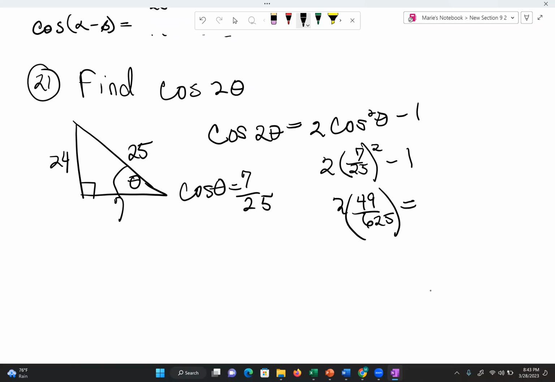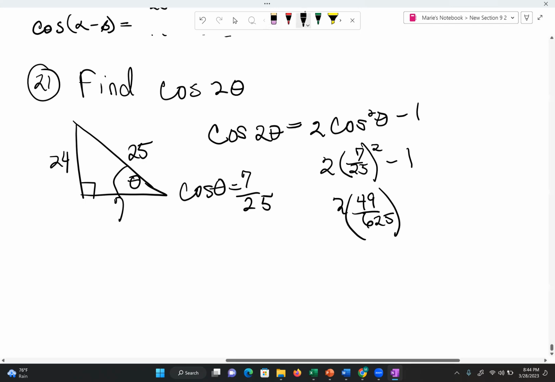I was recording 5 minutes ago. Oh, here we go. All right, so we're doing 1 minus this. I think I wrote it backwards. No, I did not write it backwards. So yeah, so it's 2 cosine squared theta minus 1.